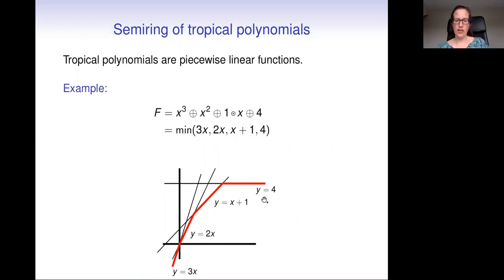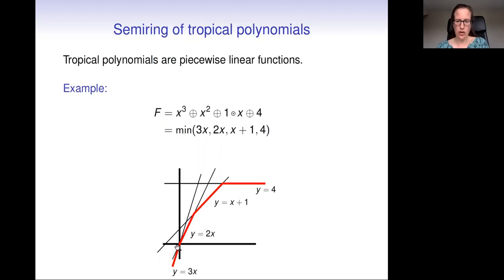And so I've drawn a picture here. We have the line y equals 4, y equals x plus 1, y equals 2x, and y equals 3x. It's not quite so obvious on this picture, but there is actually a change of slope at the origin here. This is the line y in the red, which is the minimum. This is the line y equals 3x, and this is the line y equals 2x.